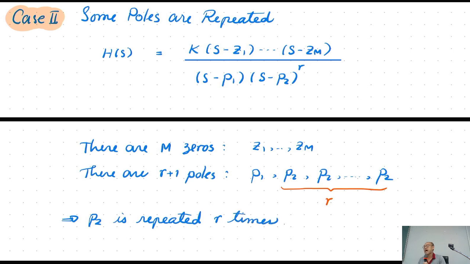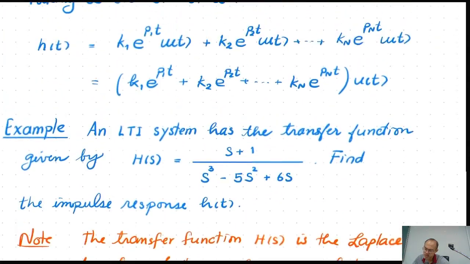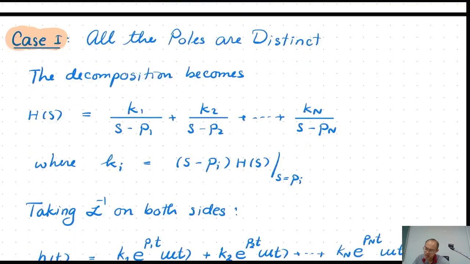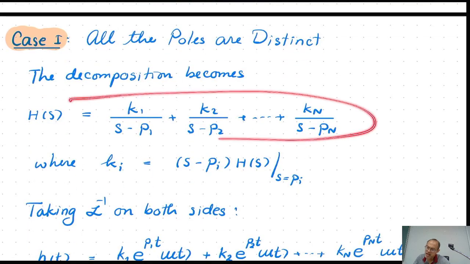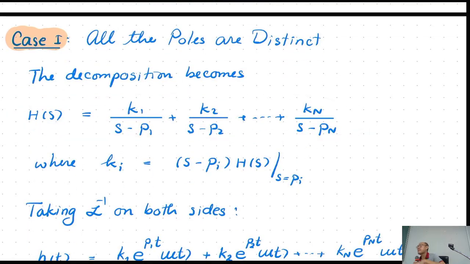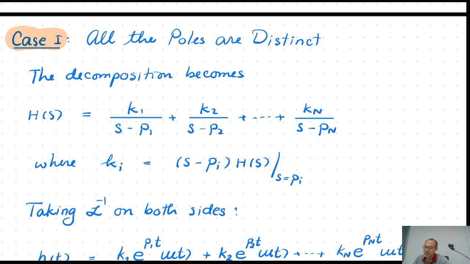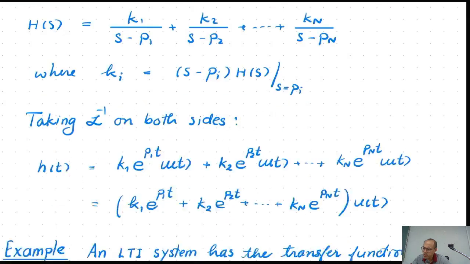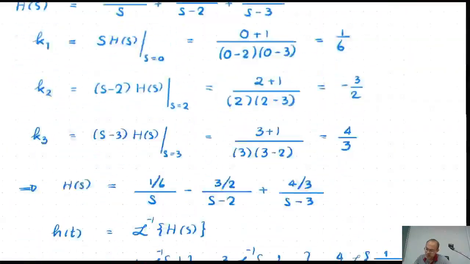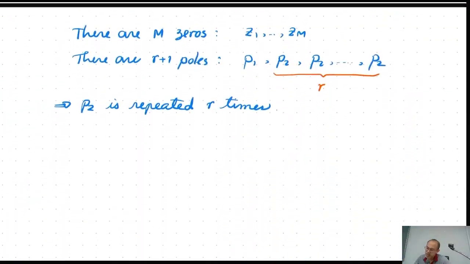Now, when this happens, you cannot use this formula to do the partial fraction decomposition. This formula is not valid anymore. If there are repeated poles, you cannot use this formula because you're going to see that this will be the same, and you will go nowhere. So what you do is write down r plus 1 terms.